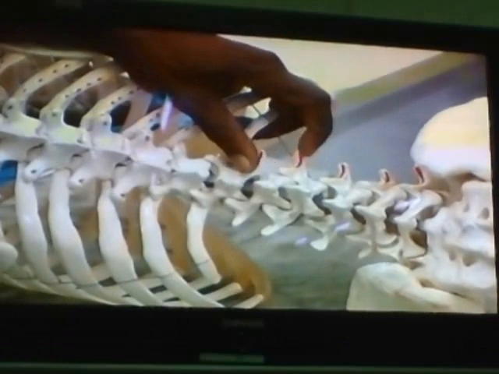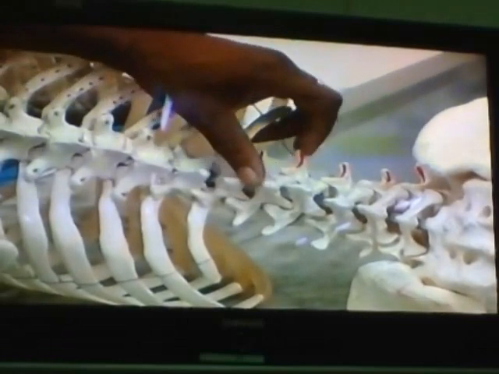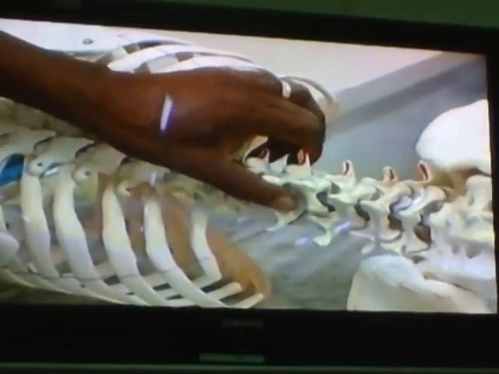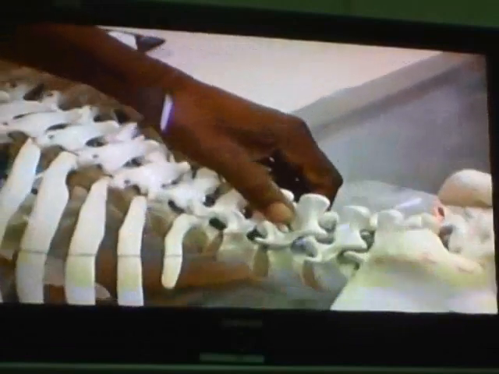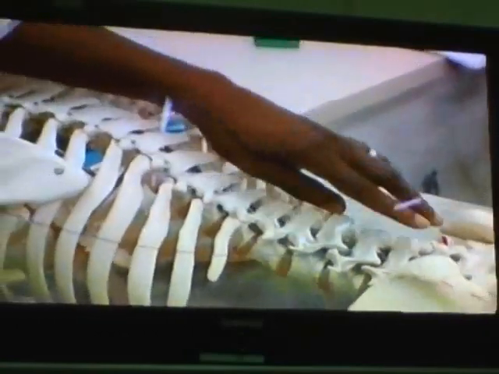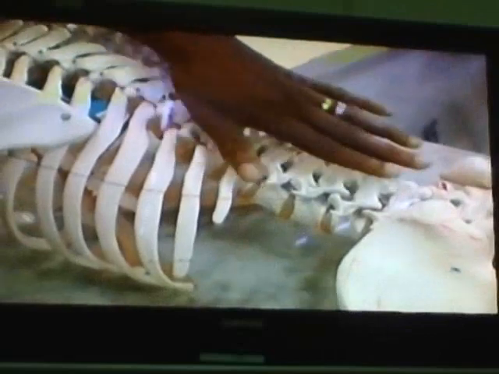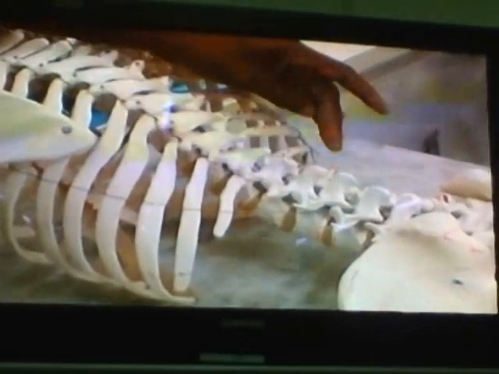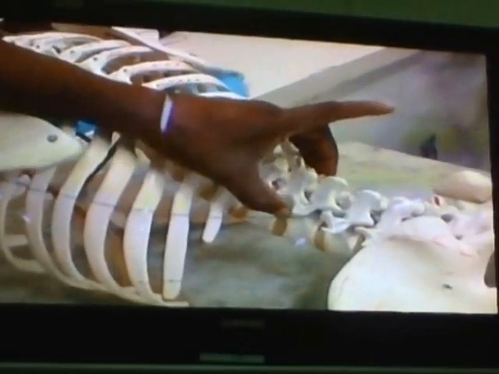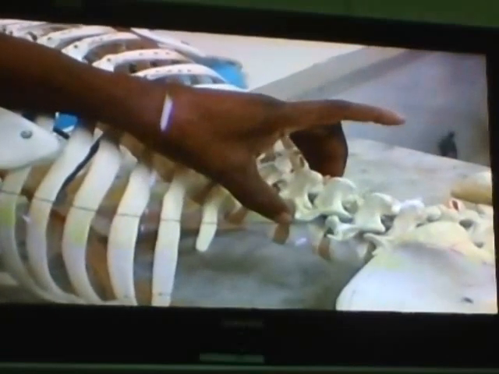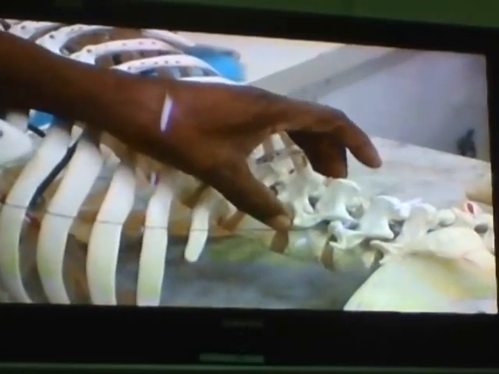All right, so you get the attachment. Now we have to set it up with some muscles, right? So between the posterior spinous process and the lateral transverse process, we are going to have a group of muscles.